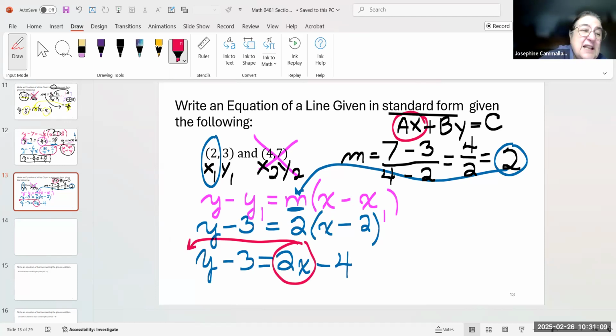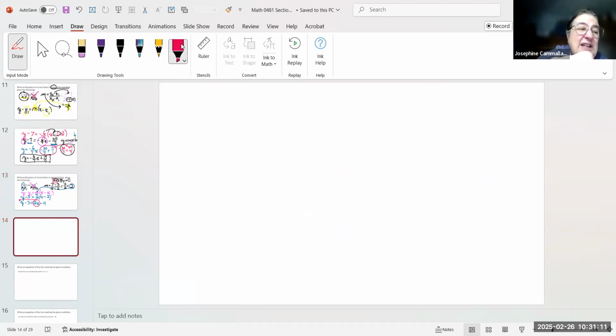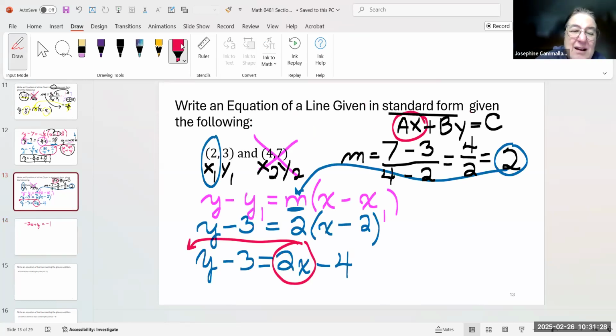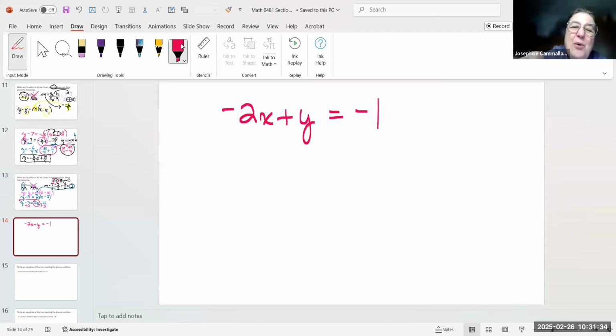So let me go to the next slide. This is going to give me a negative 2x plus y. But now I've got to add 3 to a negative 4, which is going to give me a negative 1. Just to go back, I'm adding 3, which is how I get this negative 1.